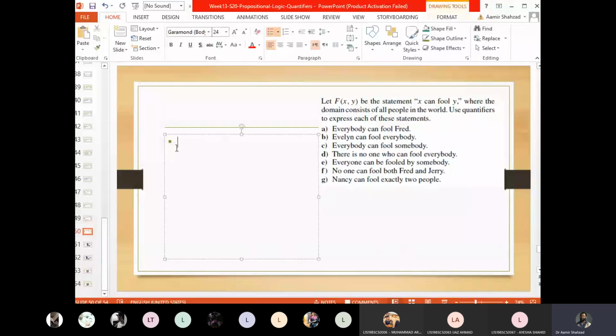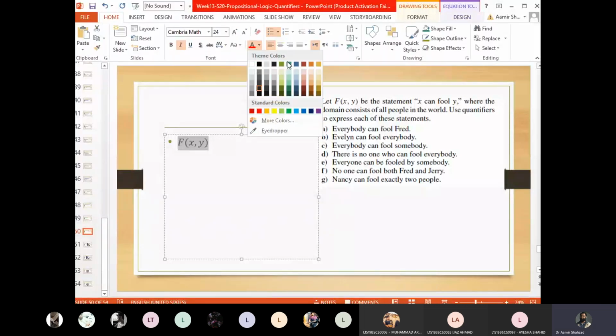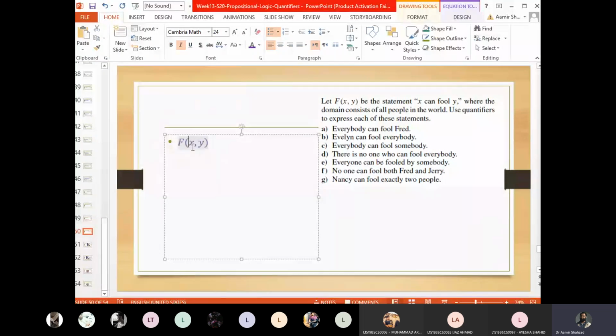Use quantifiers to express each of these statements. Everybody can fool Fred. Everybody. So for all x, we have F of x, y. So x fools y; this is our predicate, that x fools y. So everybody can fool y, where x is everybody.